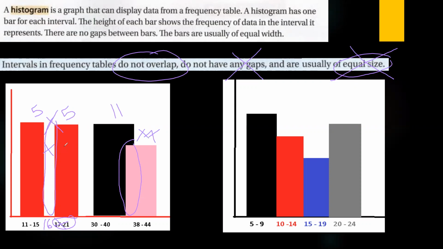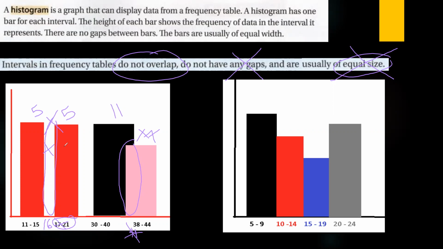In other words, if you look at the interval from 30 to 40 and want to write the next interval, when should you start? You end at 40, so you must start with 41. Here they start with 38. This is false.